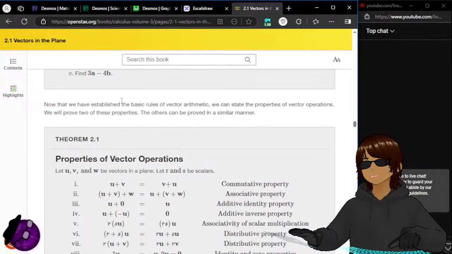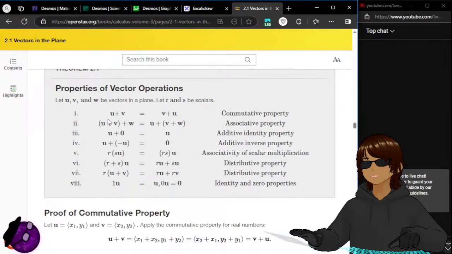Now that we have established the basic rule of vector arithmetic, we can state the properties of vector operations. We will prove two of these properties. The other can be proved in a similar manner. So V plus U, commutative, associative, additive identity is this, additive inverse property, associativity of scalar multiplication.